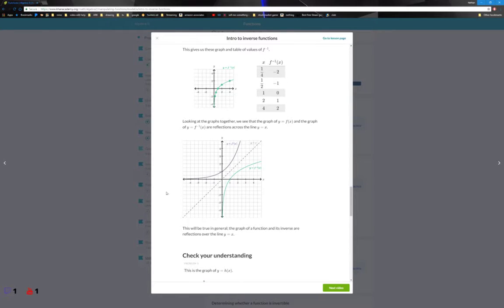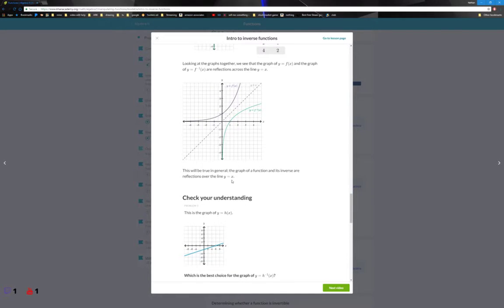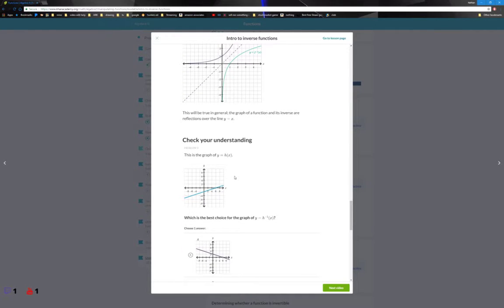This line right here, and they're both reflected over that. This will be true in general. The graph of a function and its inverse are reflections over the line y equals x.